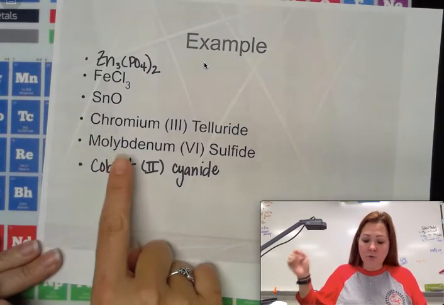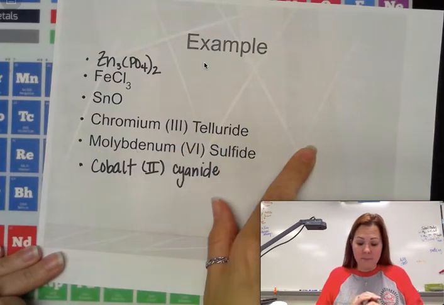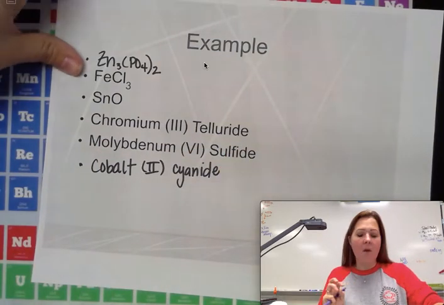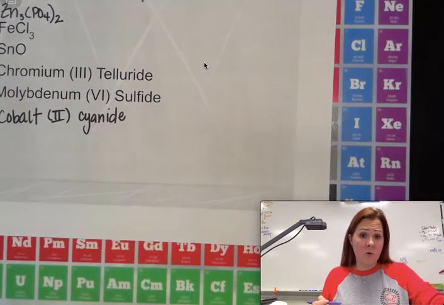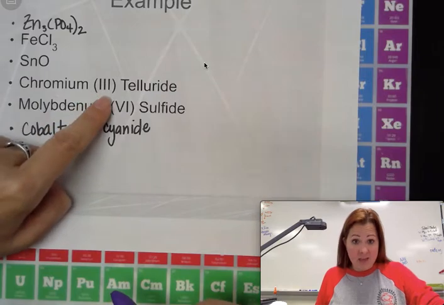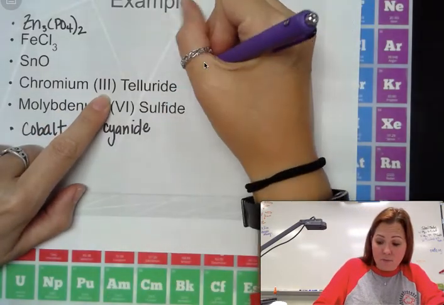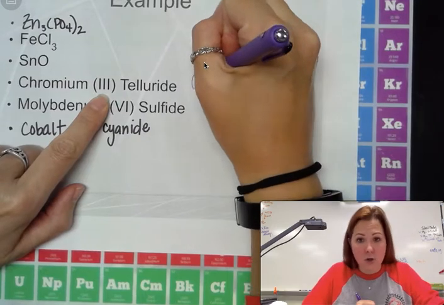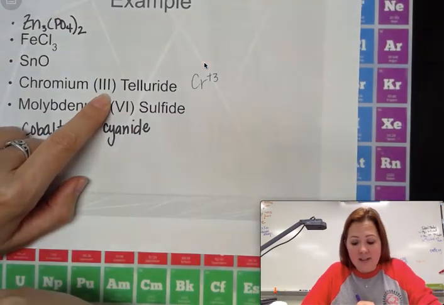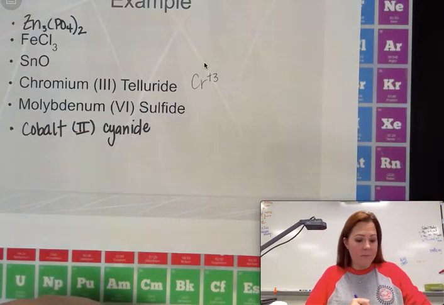So in order to do these with your name and you have to write the formula, we have to swap and drop. It's kind of easier in a way because the charge of the cation is given. This chromium(III) means that I have chromium with a +3 charge. Now my telluride is tellurium. It's IDE, so I know it's on the periodic table.